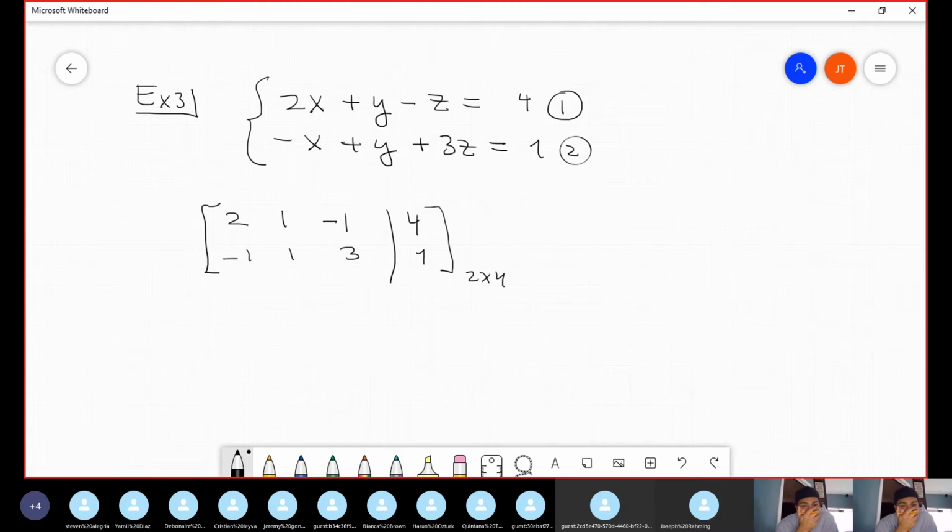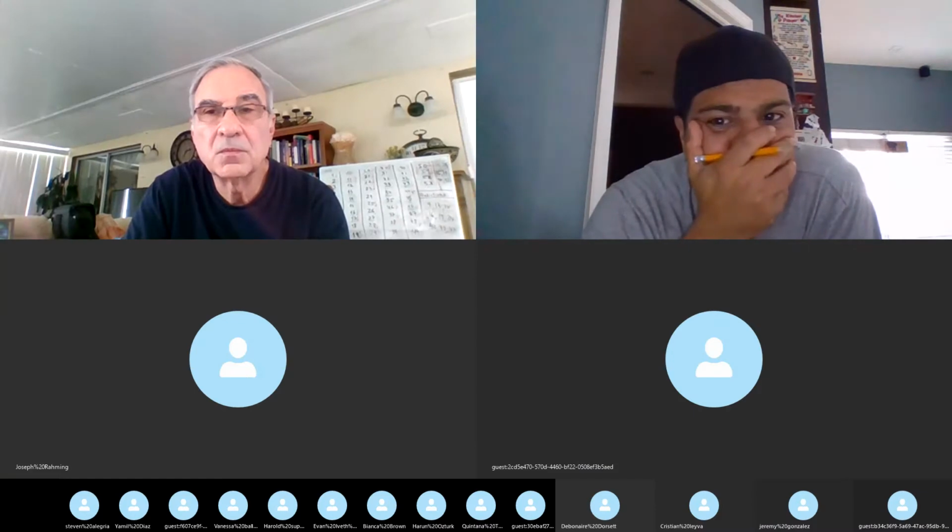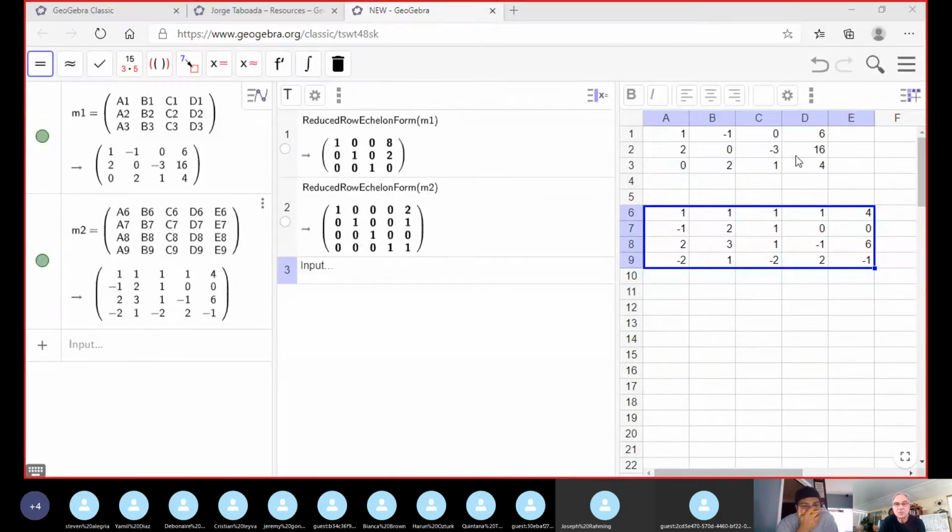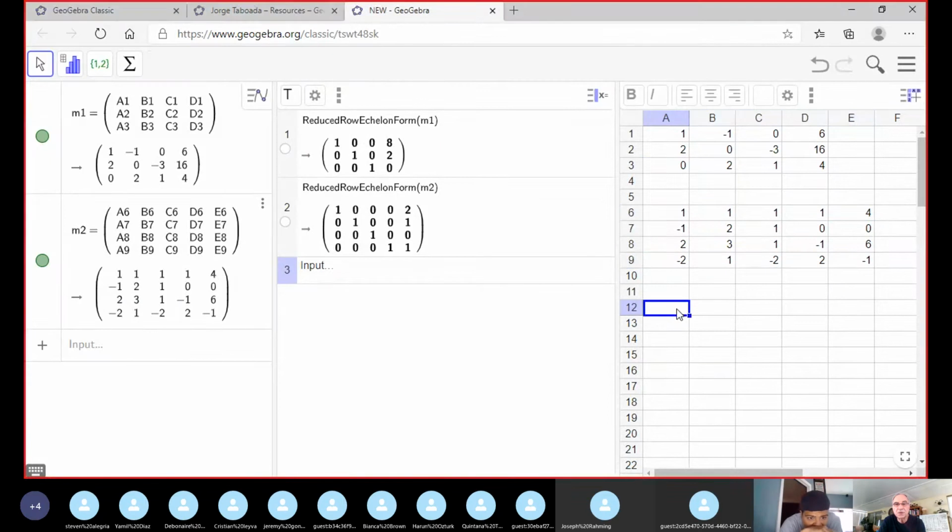Boom, your GeoGebra now. Okay, to the space, and we continue with the third example. The third example is S2. All right, let me see. This page, okay.